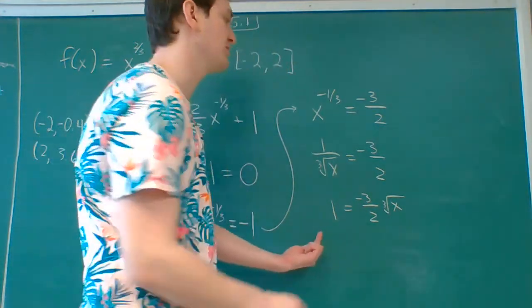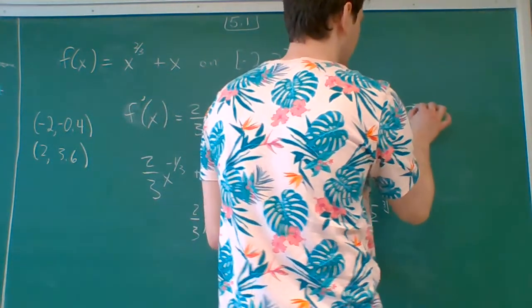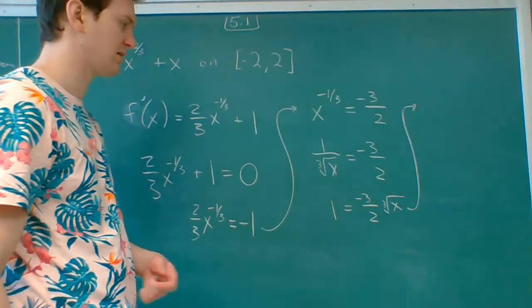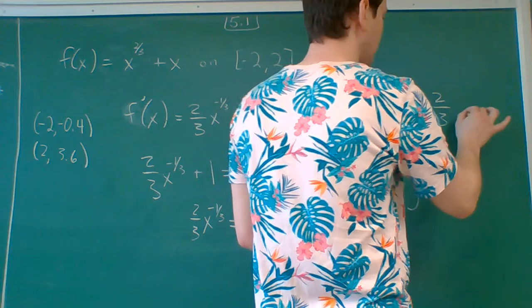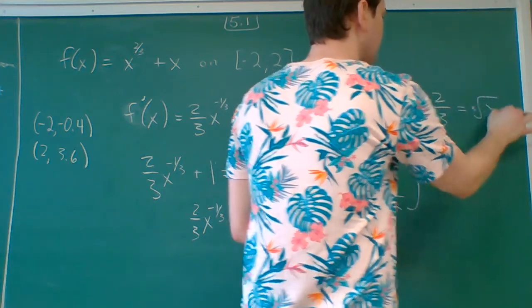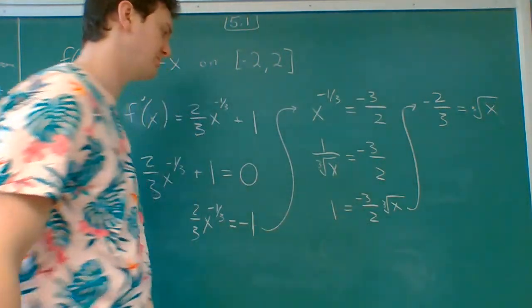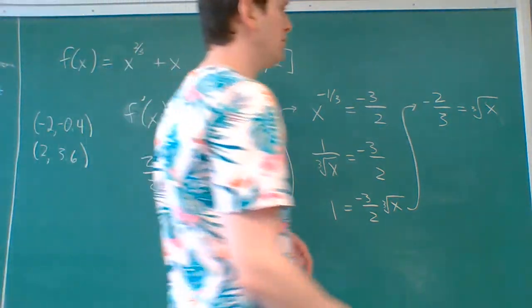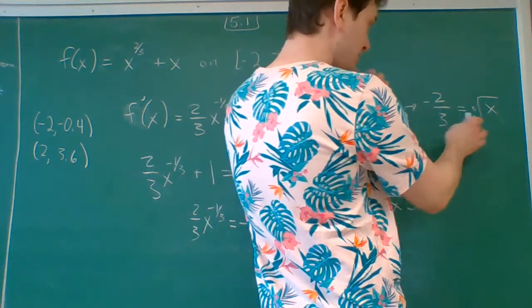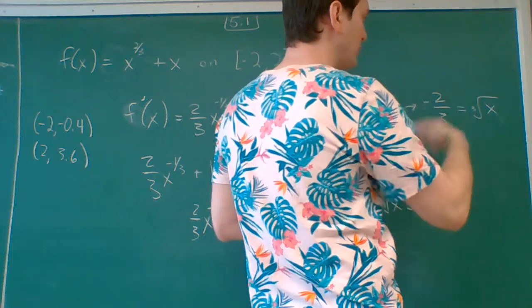Send this back across the equal sign to get negative 2/3 equals cube root of x. So multiplying by 2/3 there. Maybe this wasn't the most efficient way of solving this, but that's fine. And now, to get rid of the cube root, I'm going to cube both sides.